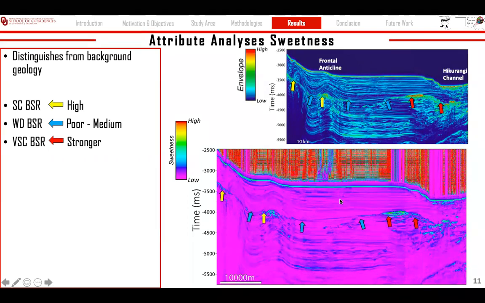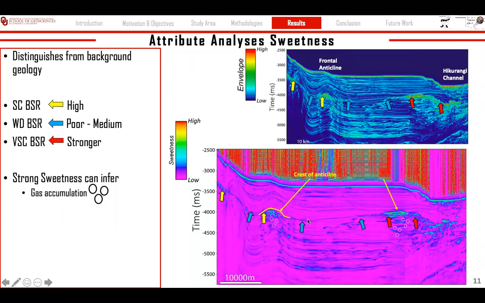Again, for the very strong BSR, we also have a very strong response in the sweetness attribute. These strong sweetness responses can correlate with or infer the accumulation of free gas beneath the crest of this anticline, or this sealed portion of the anticline, and beneath the very strong continuous BSR.